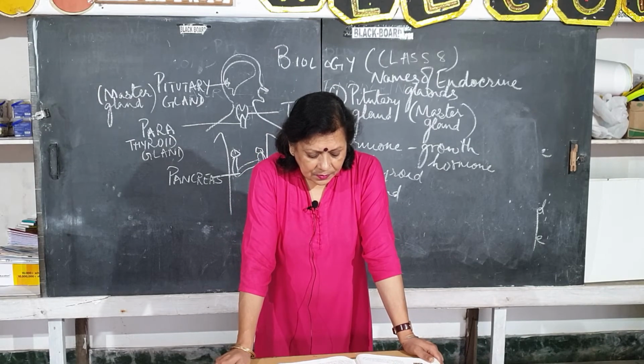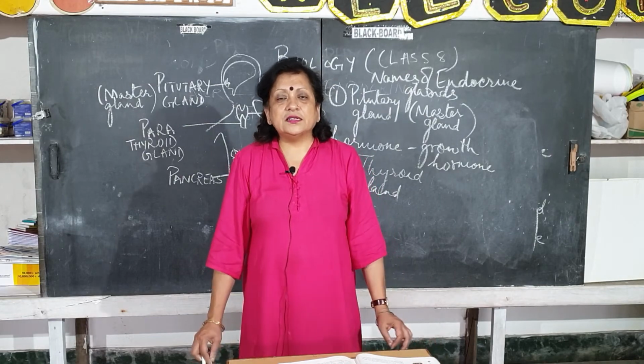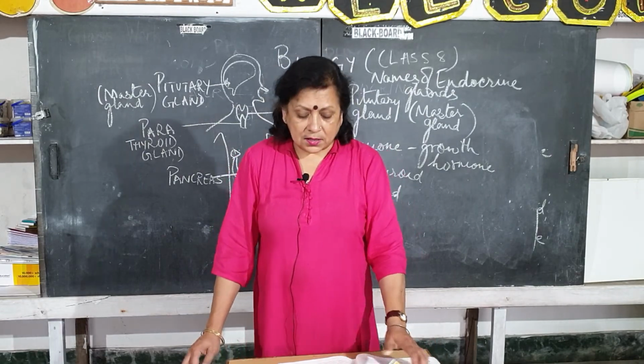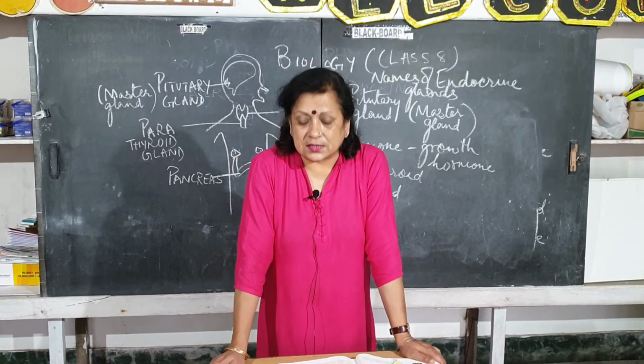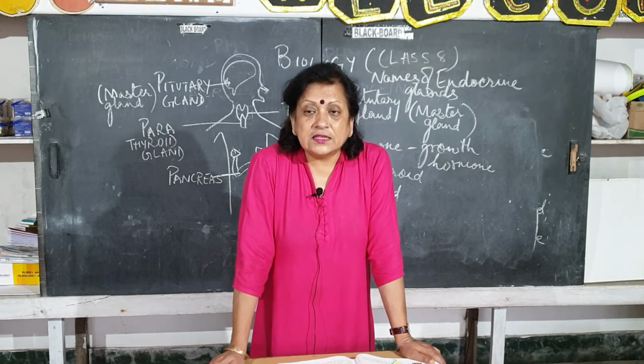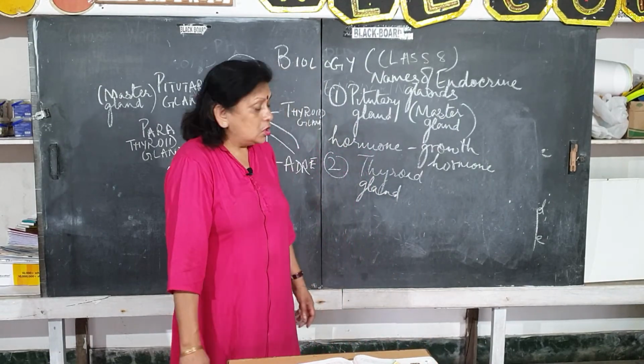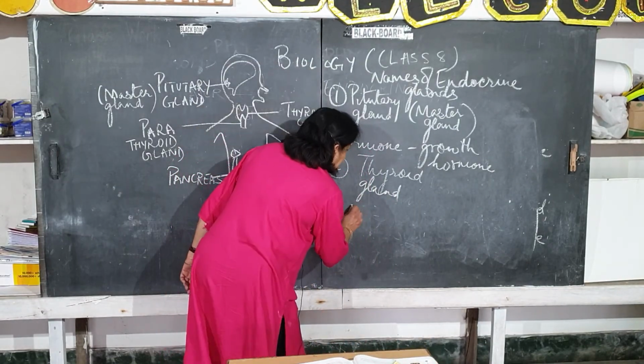It is made up of two lobes connected by a small part called the isthmus, and it secretes two hormones. And what are the two hormones it secretes?